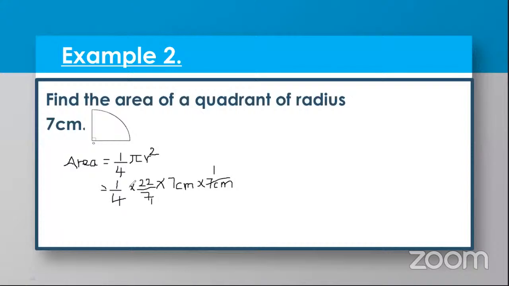Now you come back here. There is 4 here. If you look at 4 and 22, can they completely be divided without a remainder? No. Then which number can divide 4 and the same number can divide 22?